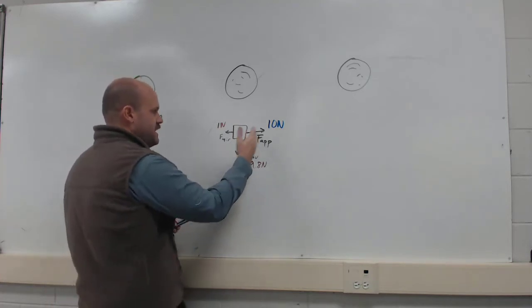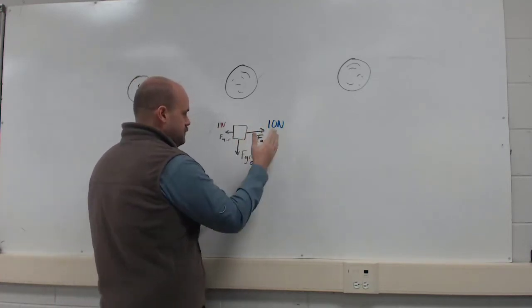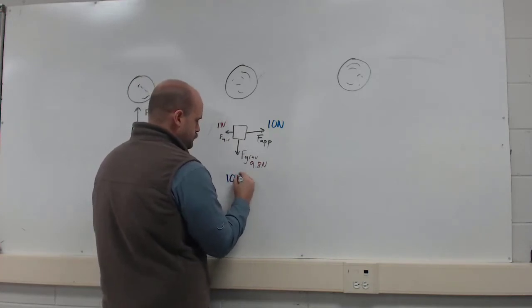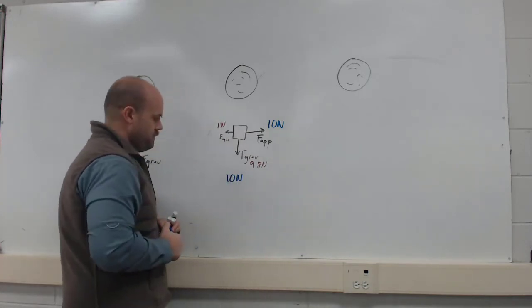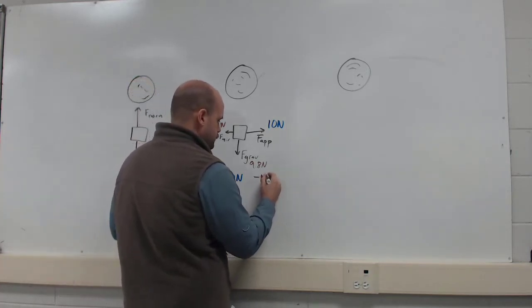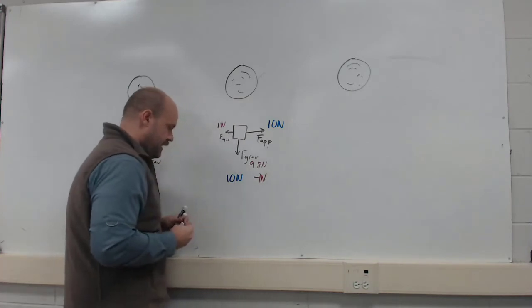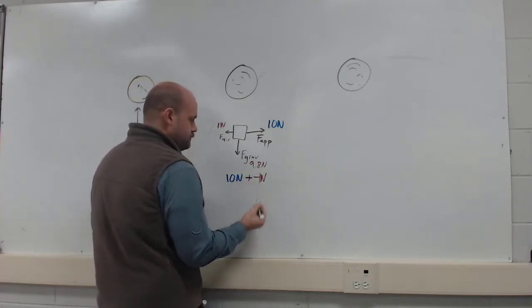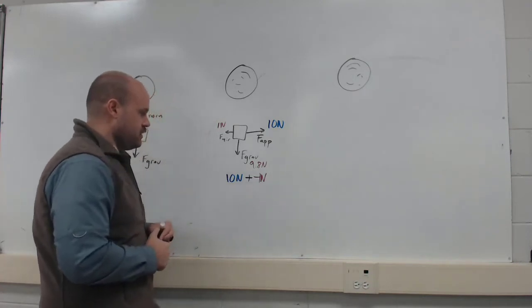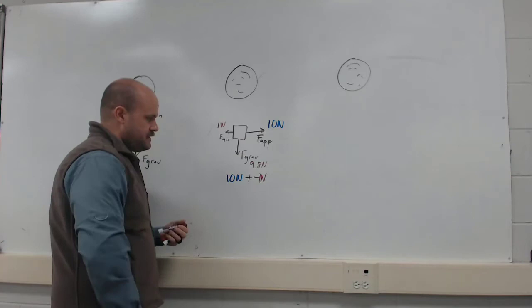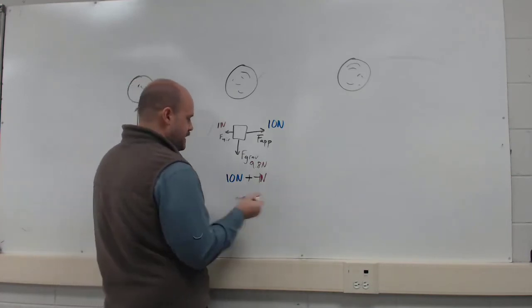So I'm just going to say that I've got 10 newtons, and that's going to be in the positive direction. And the 1 newton is in the opposite direction, so that's going to be negative. I'm going to add those together to find the net force. And that net force is going to be 9 newtons, and it's going to be positive.